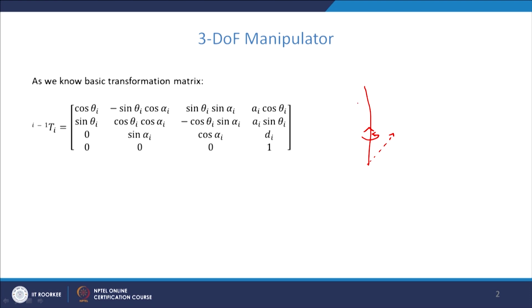So, we call this the Z0 axis and the perpendicular to that the Z1 axis. So, these are the 2 degrees of freedom situated at the single joint, we call it O.